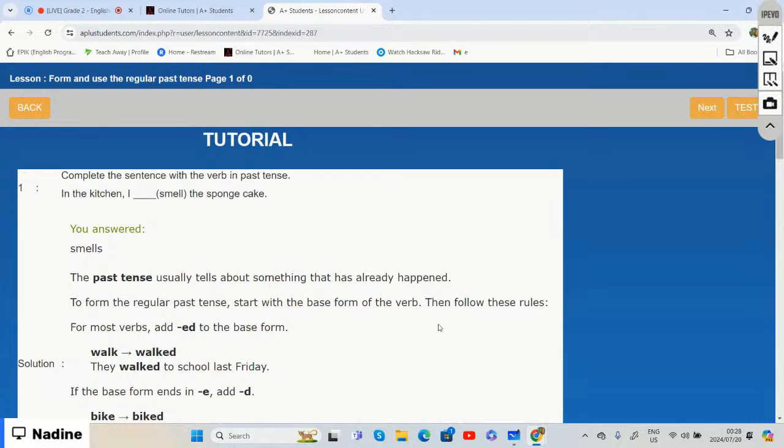All right, so in the kitchen, I smell the sponge cake.